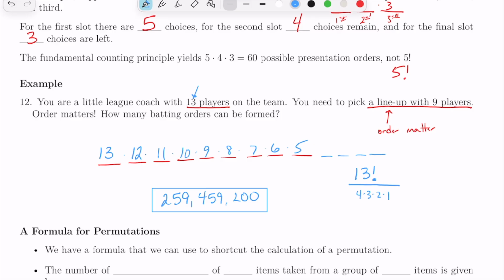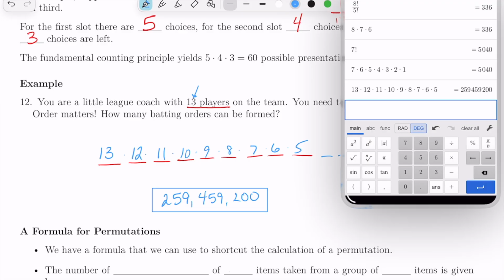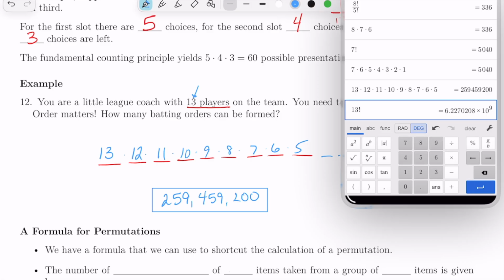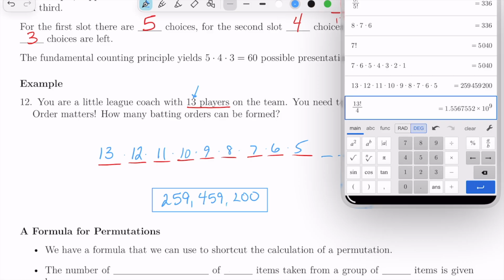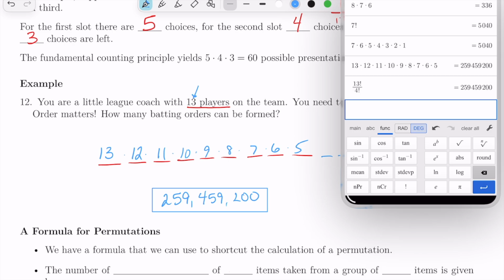I could do this on the calculator if I only wanted the first 9 numbers from this 13 factorial, I could actually do 13 factorial over 4 factorial. So 13 factorial divided by 4 factorial. And notice I get the same thing.